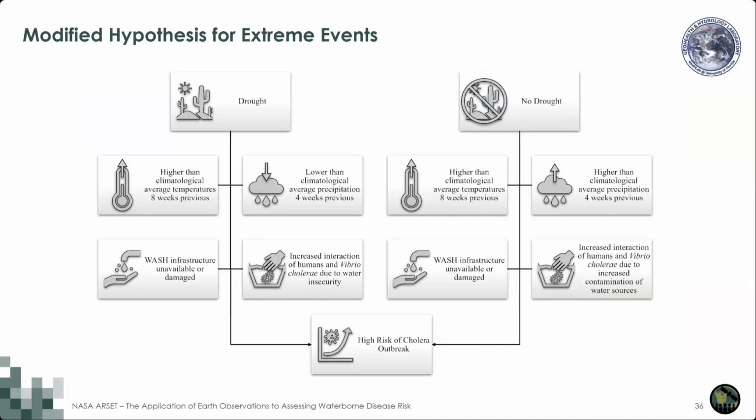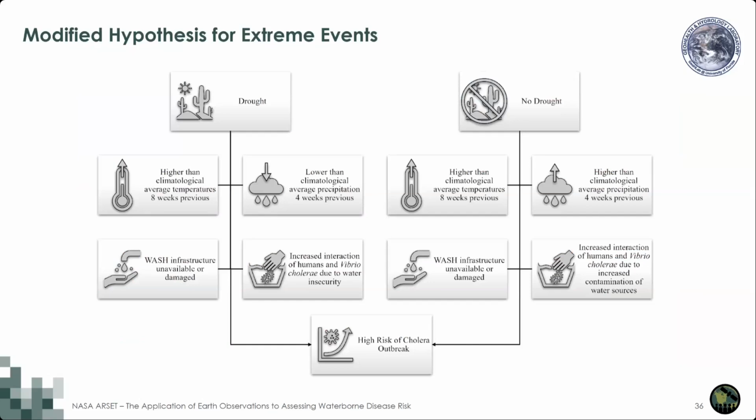Basically, what we believe is going on is that the water insecurity at the time of the outbreak is causing people to interact more with the Vibrios in the water, whether that be because people have less water availability and they have to seek out other water sources, or the actual concentration of the pathogen in the water sources is higher because the water sources are drying up and the volume is smaller. It could be for either reason.